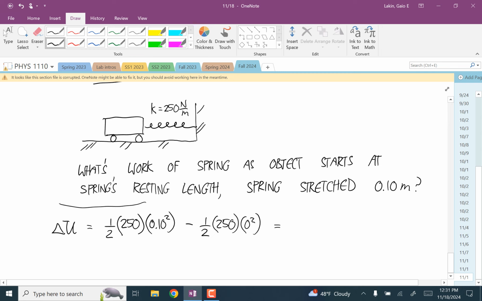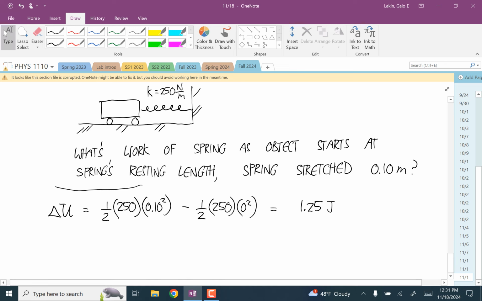And so we get 125 times 0.1 squared, 1.25 joules. So the change in potential energy is positive. That means that the work, which is negative change in potential energy, is negative 1.25 joules. And so it happened the way we thought. The spring is fighting against that motion and removing energy from the object.